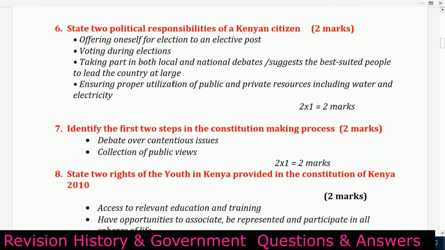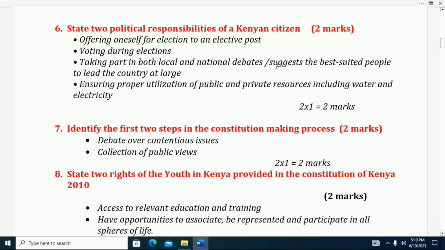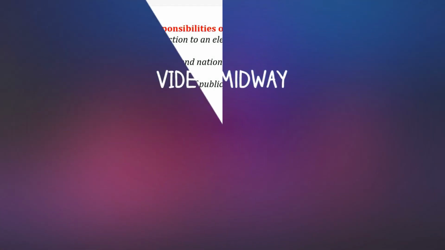Question number 6. You are told to state 2 political responsibilities of a Kenyan citizen. Number 1, offering oneself for election to an elective post. That one is a responsibility. Number 2, voting during elections. Number 3, taking part in local and national debates, or suggesting the best suited people to lead the country.